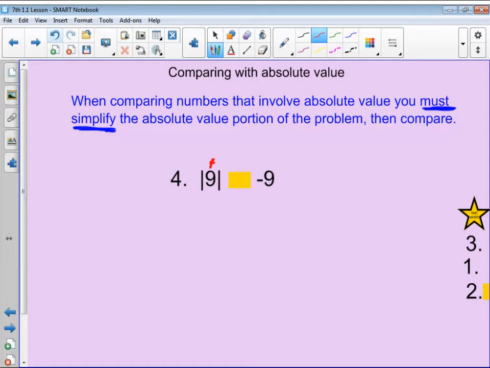So the absolute value of 9. 9 is absolutely 9 places away from 0, compared to -9. So now when I go through and I look at this, 9 is bigger. Open mouth eats the larger number. So here, the absolute value of 9 is greater than -9.